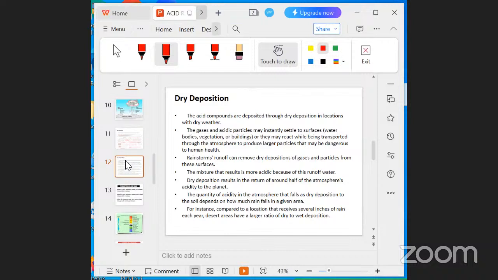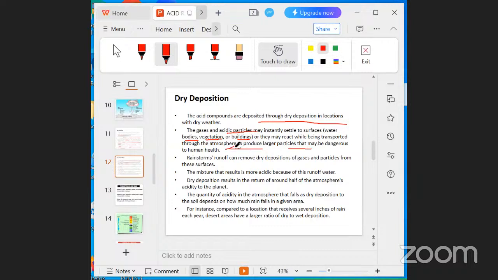In dry deposition, the acid compounds are deposited in locations with dry weather. So the gases and acidic particles may instantly settle on surface bodies, vegetation or buildings, right? Or they may react while being transported through the atmosphere to produce larger particles that may be dangerous to our health.